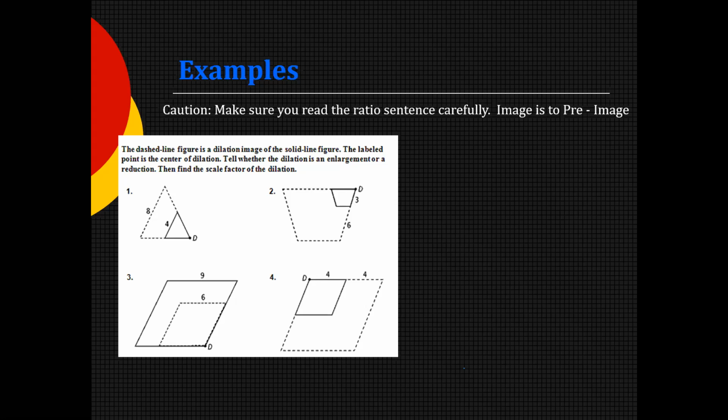What's the full length of that side? It's actually 9. Right, the full length of the image, because we're looking at the bigger shape. The full length is 9, but the length of the smaller shape is 3.